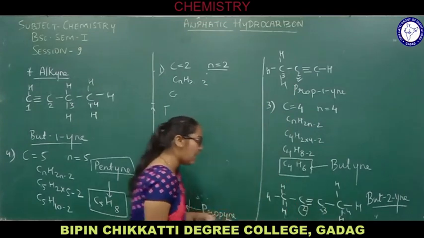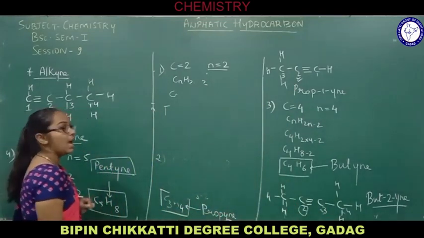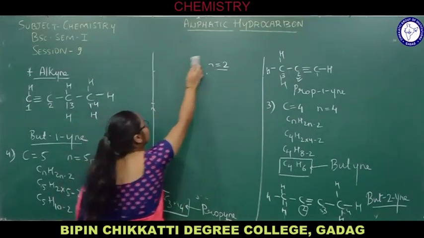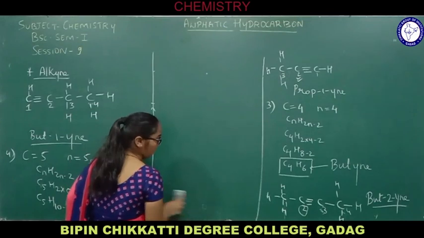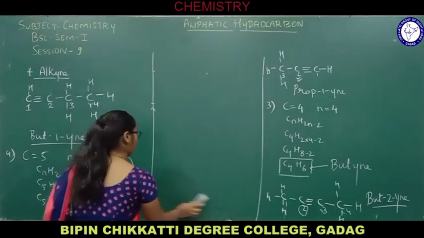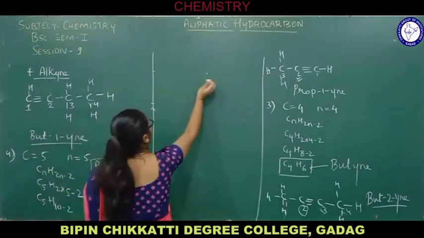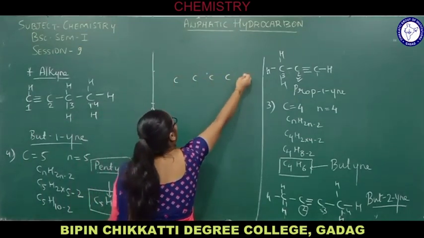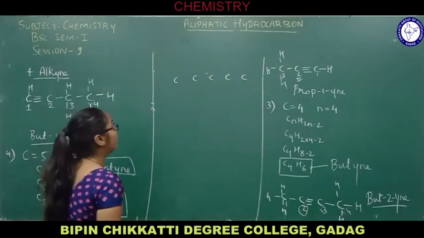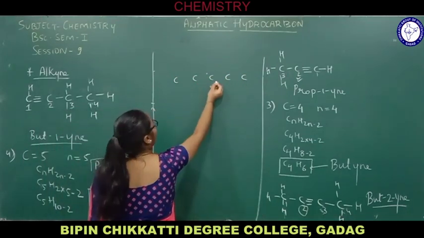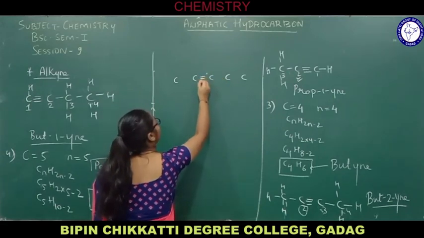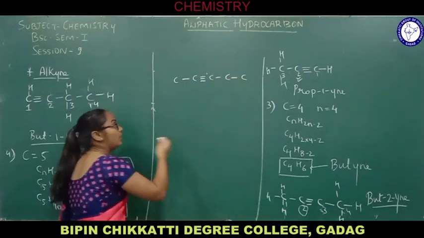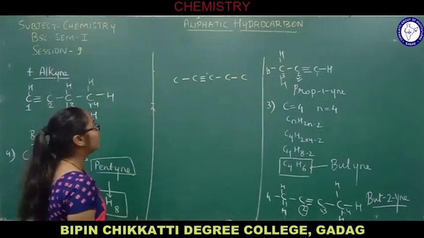So let's go towards the pentyne structure. Pentyne has 5 carbons and 8 hydrogens. So the structure with 5 carbons and 8 hydrogens will be as such. Let's write down the 5 carbons: 1, 2, 3, 4, 5. Now if I want to give the triple bond between them, the remaining carbon atoms will be shared by bonding with the adjacent carbon atoms.